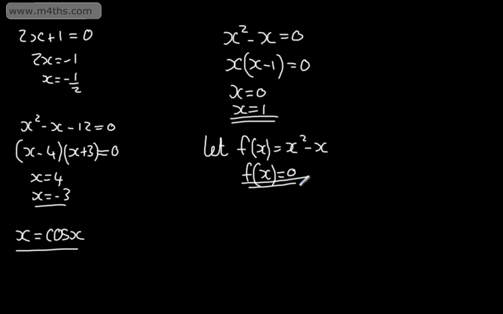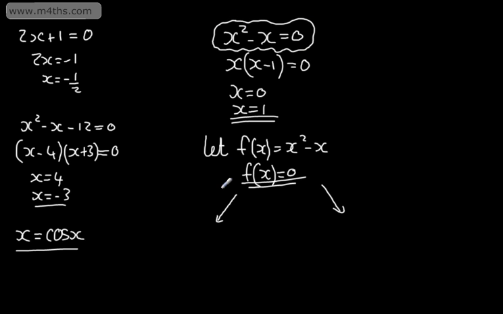Different rearrangements will lead to different solutions or no solutions. So instead of having f of x is equal to 0, I'm going to have x by itself on one side equal to some new function of x, which we can make from our original equation. I'm going to show two different options here. With x squared minus x is equal to 0, I'm simply going to rearrange this.